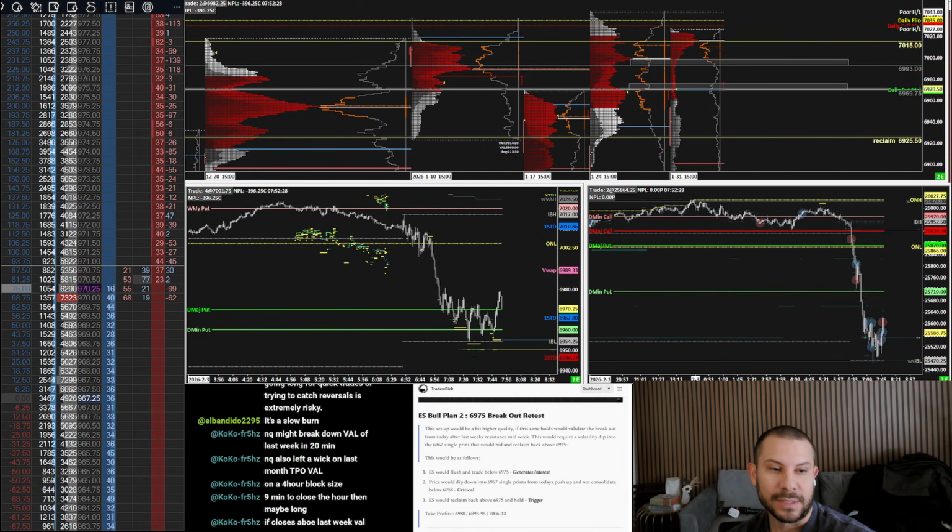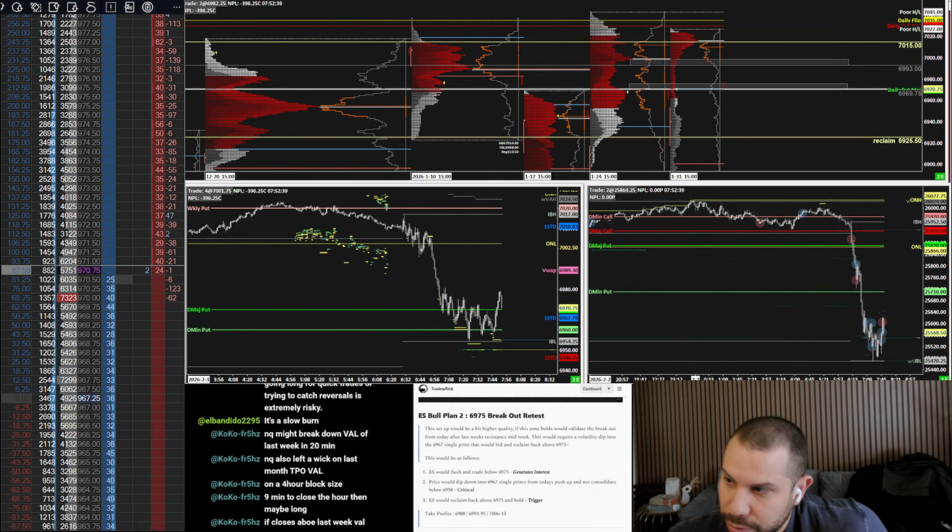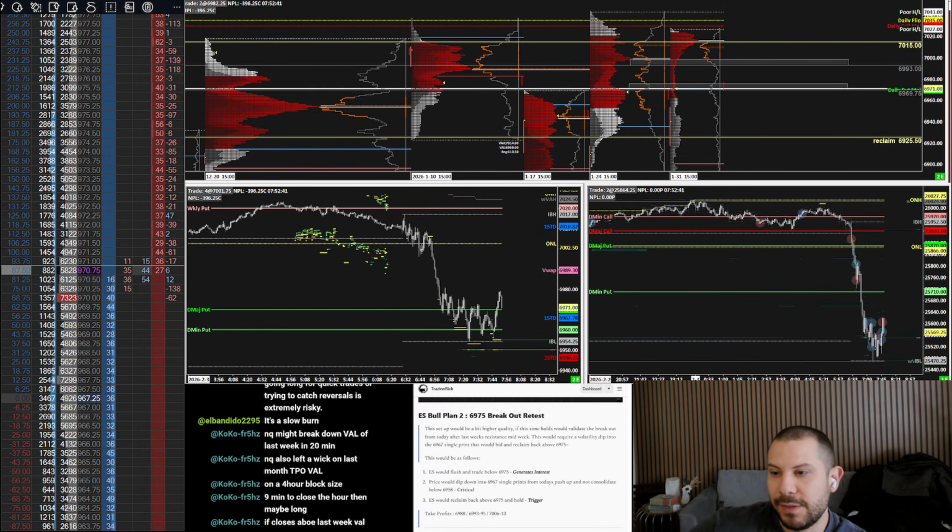Damn, what a rejection. Ugly. If this fails and goes back below 65, it's probably done. If that nice pop was momentum in it, it really failed.